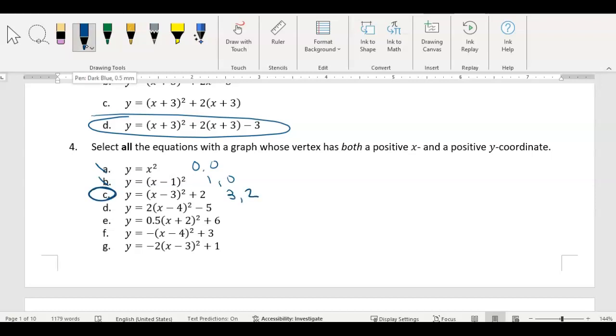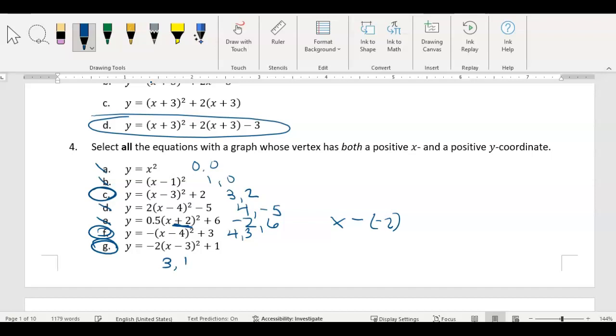Yes, positive x, positive y. 4, negative 5. Nope, not this one. This one is negative 2, 6. Not that one. Remember that plus 2 is deceptive because that's really x minus a negative 2. This one here would be 4, 3. So this one is positive. This would be 3, 1. This is also positive.